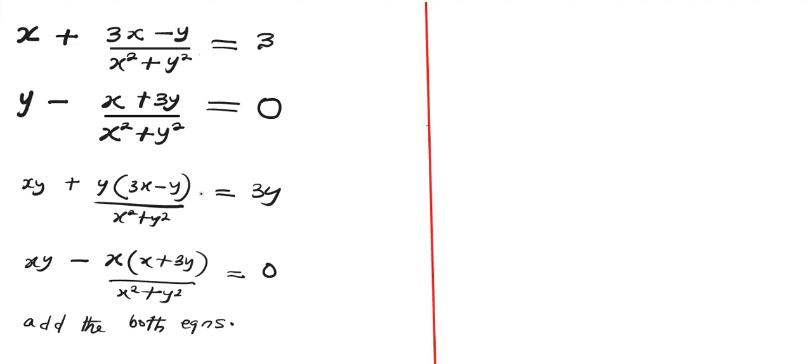After multiplying equation 1 by y and equation 2 by x, the next step is for us to add the both of them together, okay? So I've written down here, add the both equations. This will give us xy plus xy, which is 2xy. Then we have plus y(3x minus y) minus x(x plus 3y).